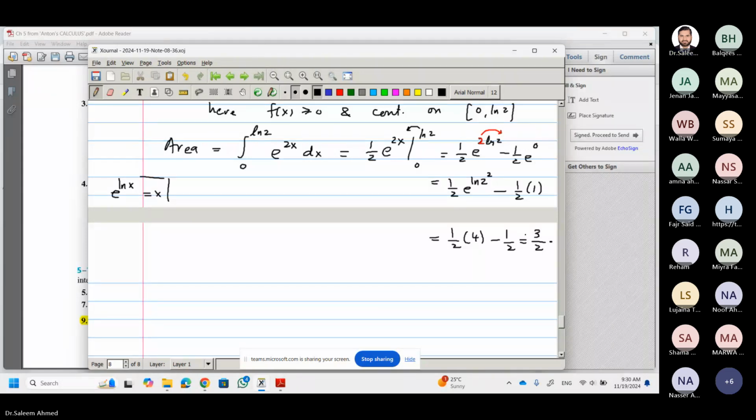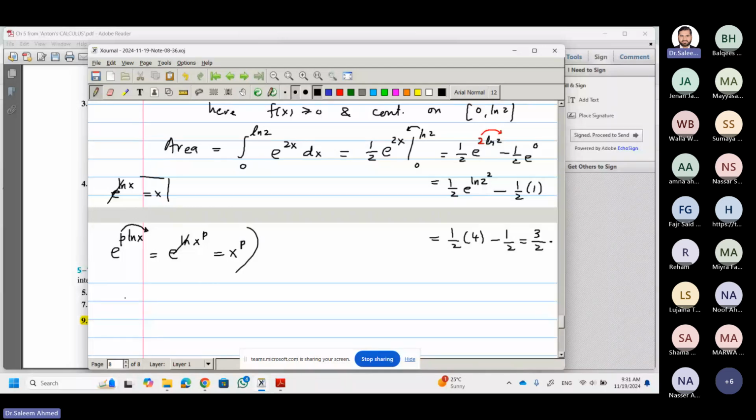So whenever you have e to the power log x, e and log cancel. But if you have some number p here with log x, you cannot cancel e and log directly. First send p to the power. You can write log x to the power p, and now you can cancel e and log, you get x to the power p. Okay, remember you can do that.